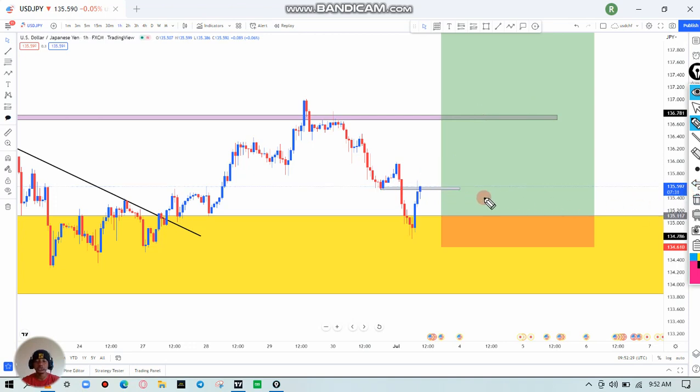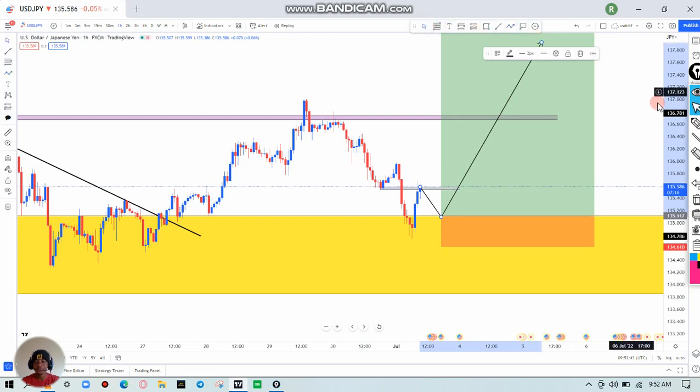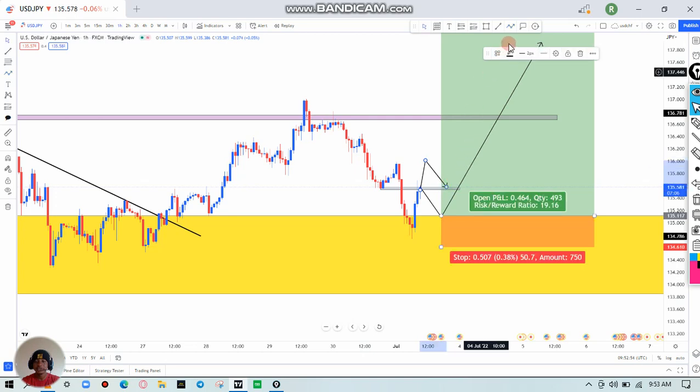All right, so those are the two scenarios that we are going to look at before we enter this market. You see that price comes down here, we look for an entry and then a move to the upside, or if price manages to break to the upside, we wait for exhaustion, then we also enter to the upside.